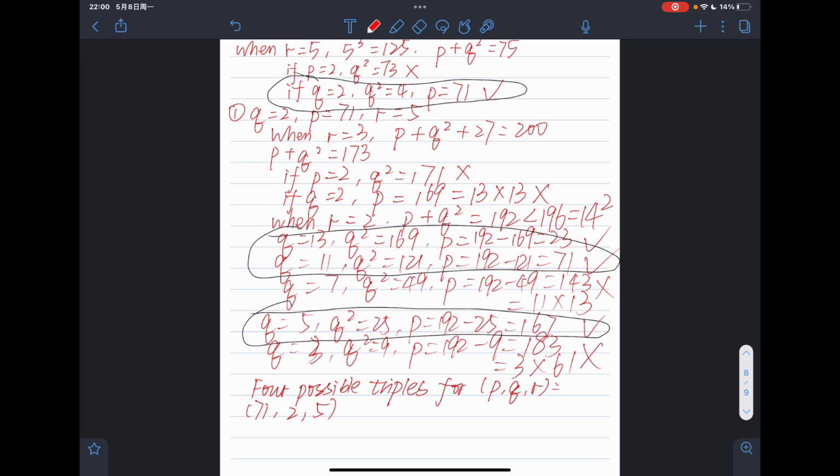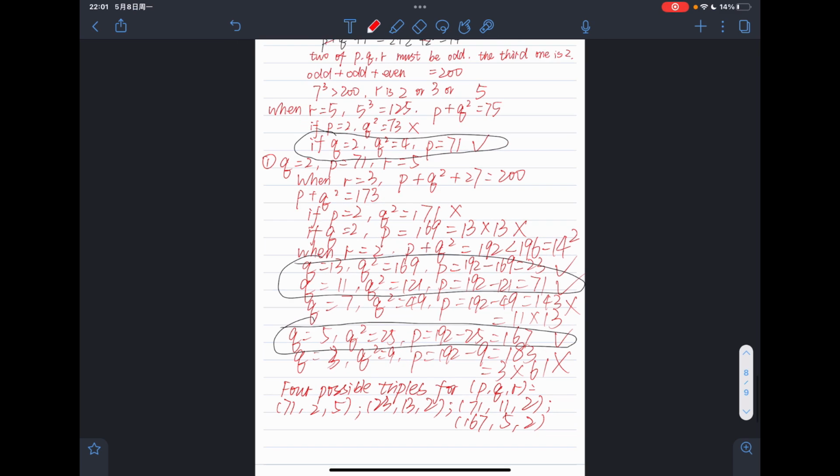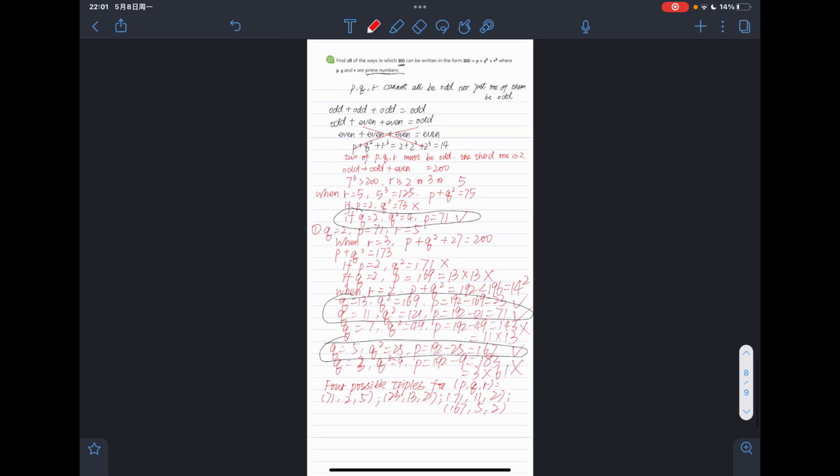Okay, and the next one, p is 23, q is 13, and r is 2. Okay, and next one, p is 71, q is 11, and r is 2. And the last one, p is 167, q is 5, and r is 2. All right, so that's the answer to this question. Okay.